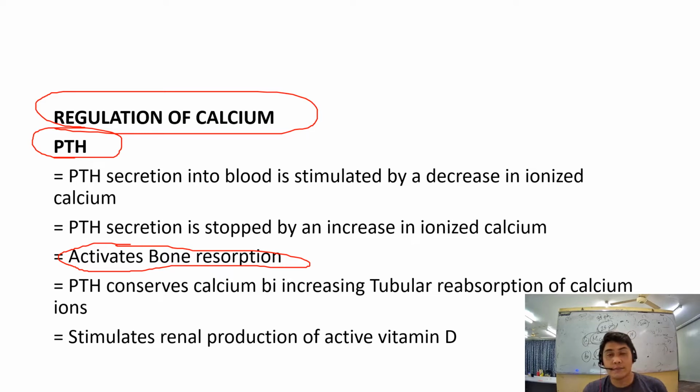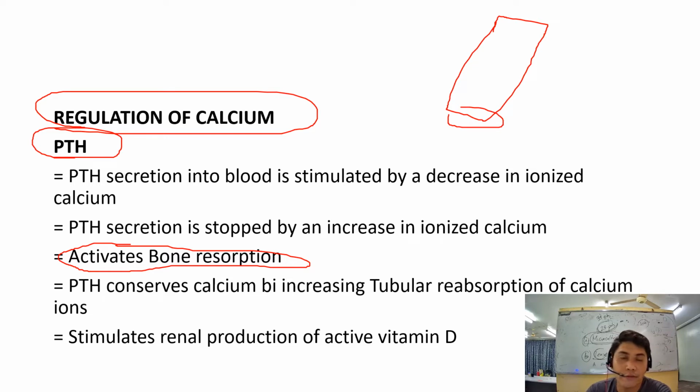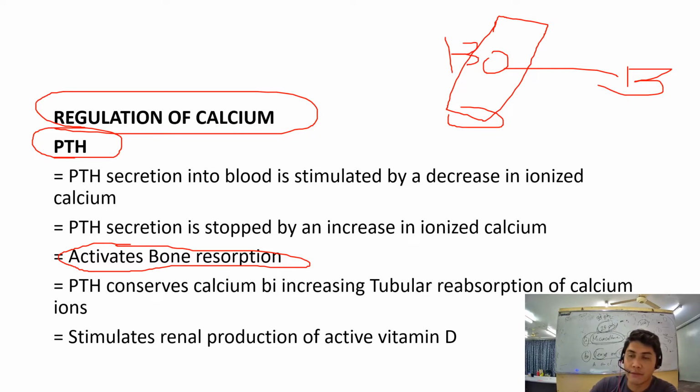What is bone resorption? It's the transfer of calcium from bone, which is the normal location of calcium, to blood. That's bone resorption. The purpose of bone resorption is to increase calcium level in your blood.